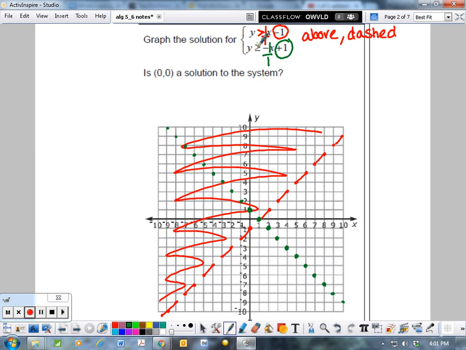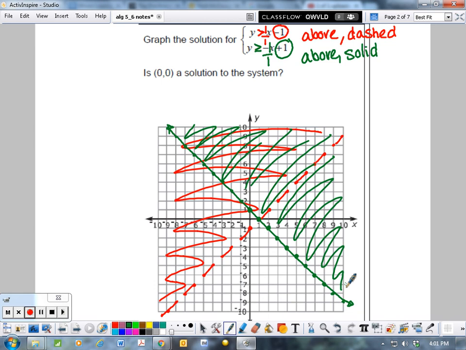And then because my symbol is greater than or equal to, I'm going to shade above the line because it's greater. And then the or equal to means that I have a solid line. And these are all things we look for when we're grading. We're checking all these little bits. And then above means I'm shading above the line.